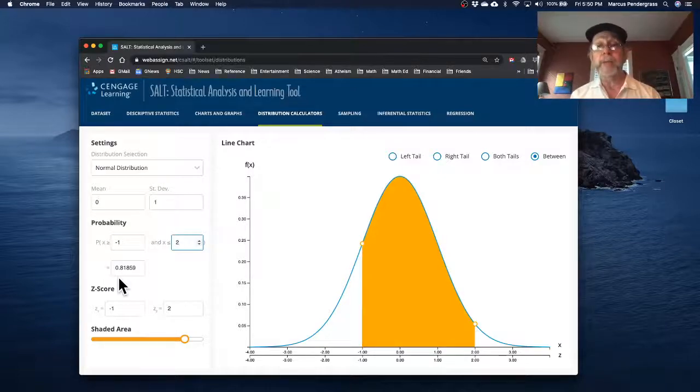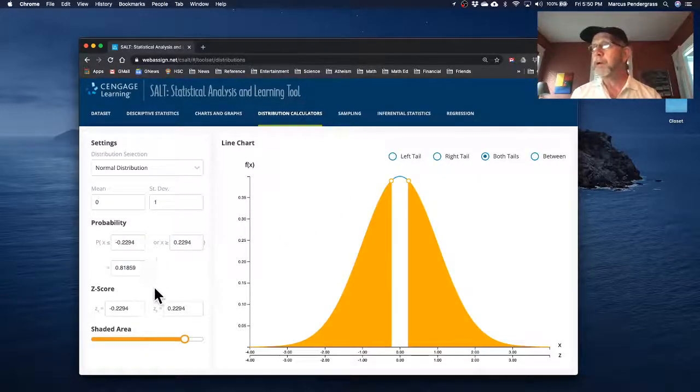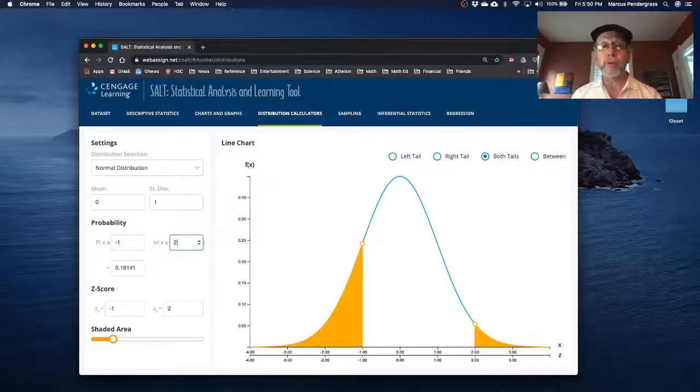So 81.9% of a standard normal distribution lies between -1 and 2. And the other kind of problems would work the same way. You could do a both tails problem here, and again, you would just use the boxes here to adjust the values. So the left-hand box works for the left tail. Maybe I want to look at things that are less than -1 or greater than 2, and I would read the answer off in the box below.